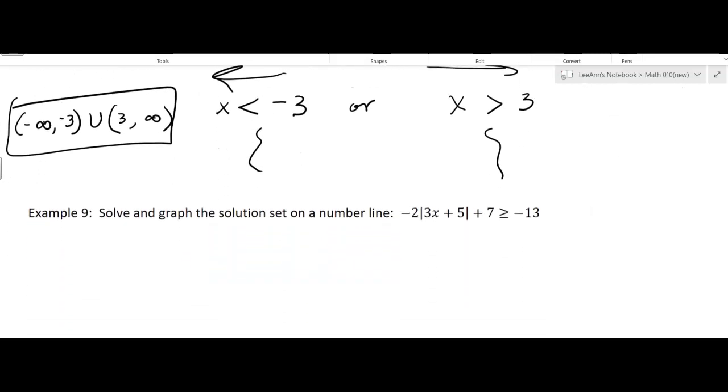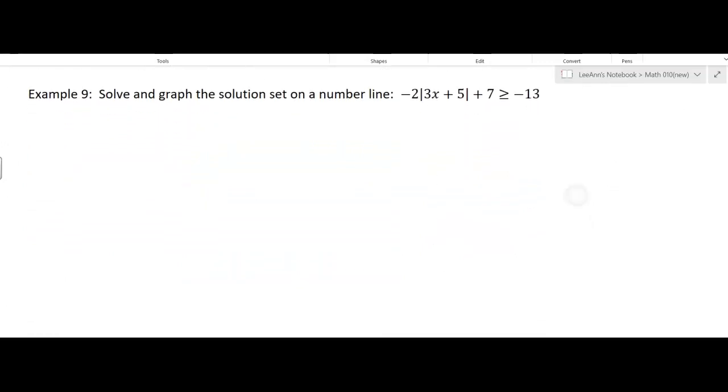So now we'll give you another example. This one's a little more involved because the absolute value is not isolated yet. So the first thing I have to do is subtract 7 from both sides. So I get -2 times the absolute value of 3x plus 5 is greater than or equal to -20.